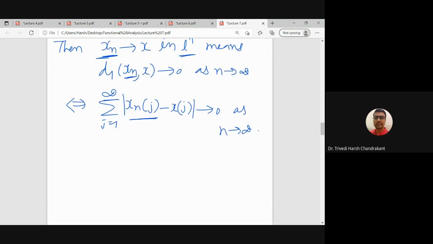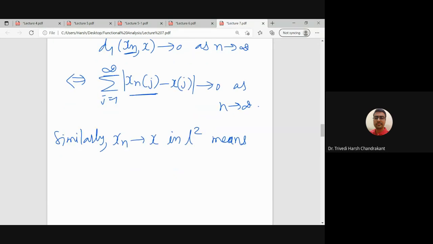Similarly, if we have a sequence xn of elements of L2, that means the corresponding series summation of modulus of xn j squared is convergent.